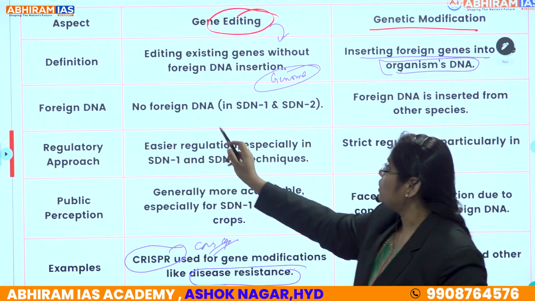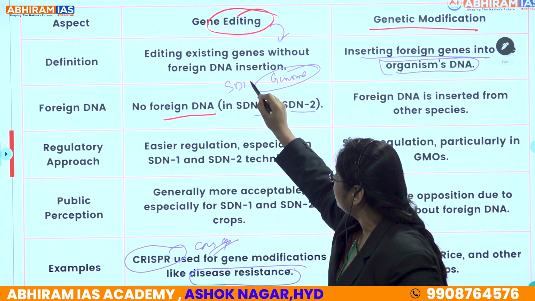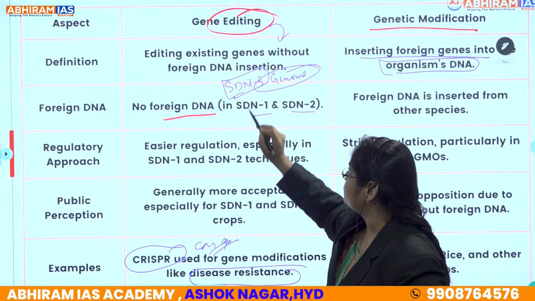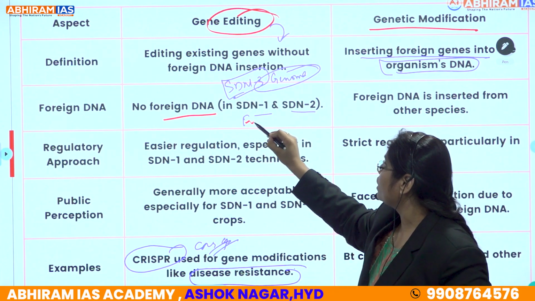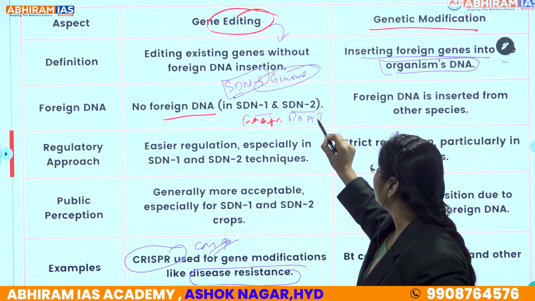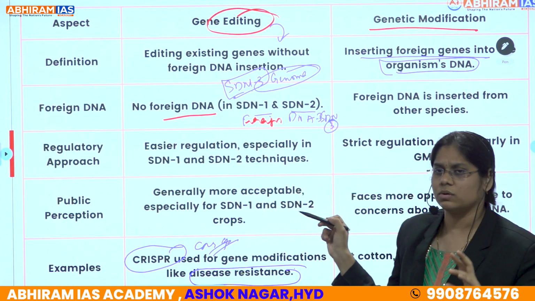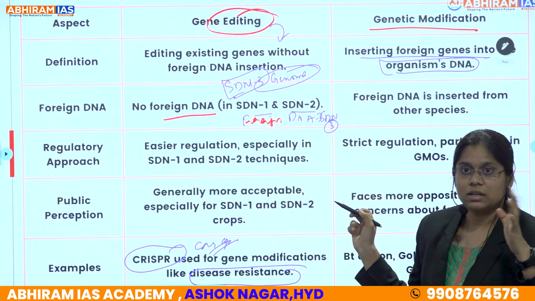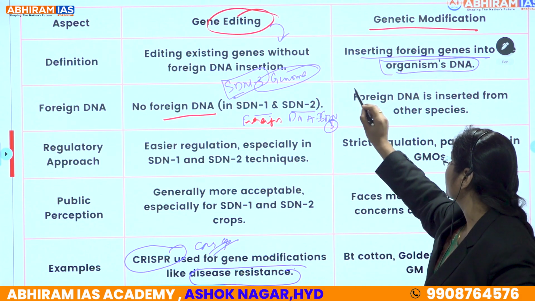Clear? So there is no foreign DNA in SDN1 and SDN2, but in SDN3, that is site directed nucleases, we will include foreign DNA. Foreign DNA in SDN3, but 1 and 2 will not. Direct gene addition, deletion or removal will be done.